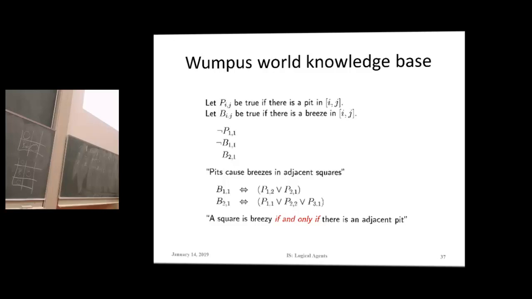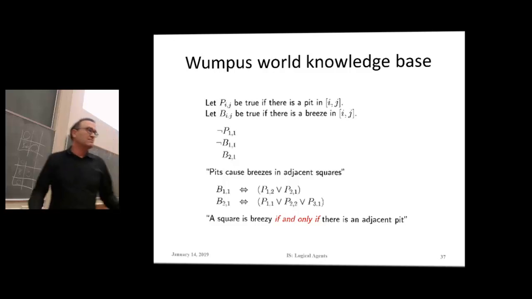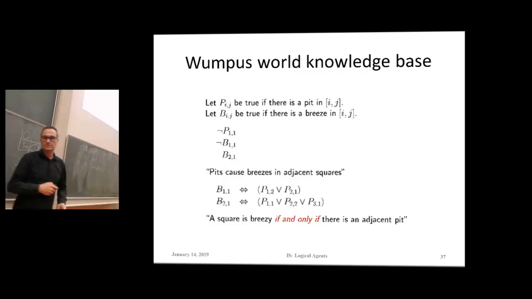And you have to do that for each of the properties on all these 16 fields. That basically means that if you want even the simplest rules of breezes, pits, and wumpuses and smells, you need 16 times the number of interesting facts that you want to add in your knowledge base. And that is very tedious.